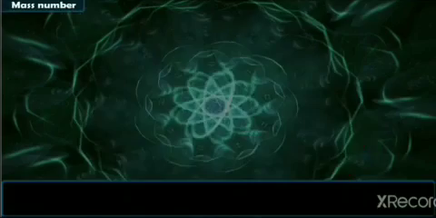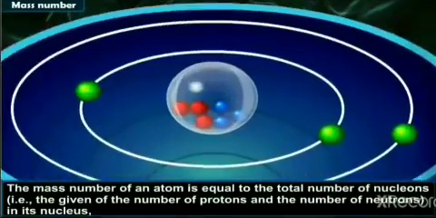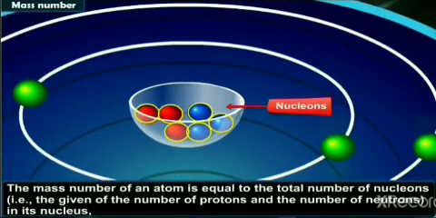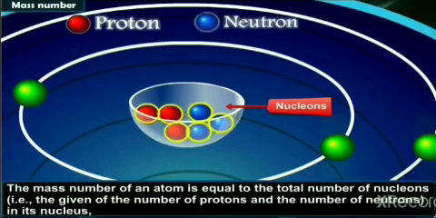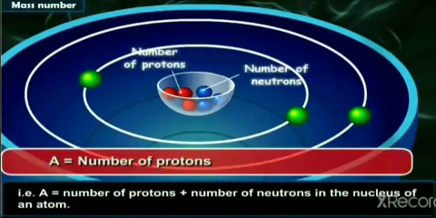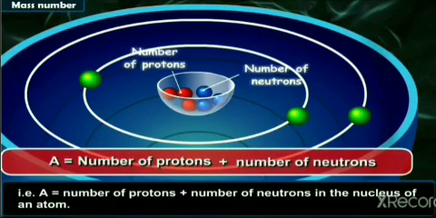Mass number. The mass number of an atom is equal to the total number of nucleons, that is, the sum of the number of protons and the number of neutrons in its nucleus. That is, A is equal to the number of protons plus the number of neutrons in the nucleus of an atom.